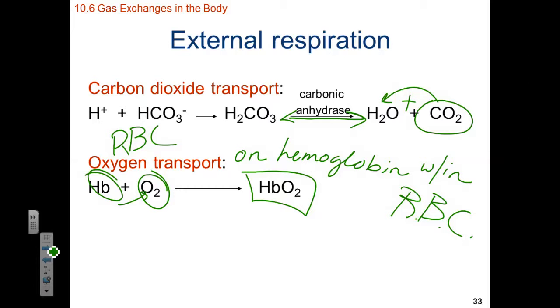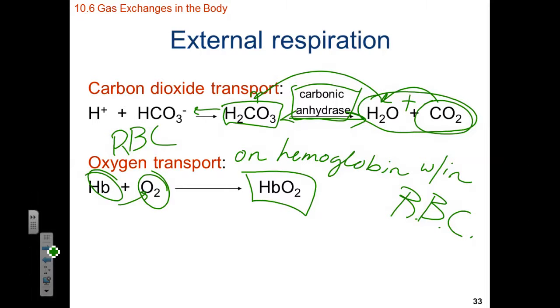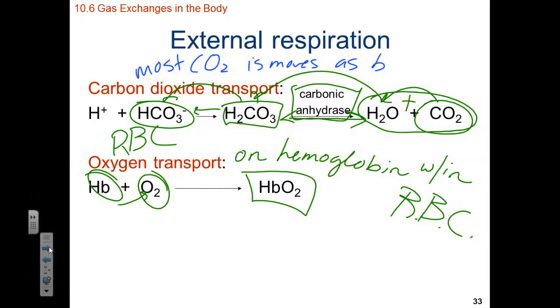So in the tissues of our body where there's high concentrations of carbon dioxide, this enzyme, carbonic anhydrase, will turn water and carbon dioxide into carbonic acid, which will then rapidly diffuse into a bicarbonate ion. Most carbon dioxide is transported or moved as bicarbonate ions in the blood plasma.